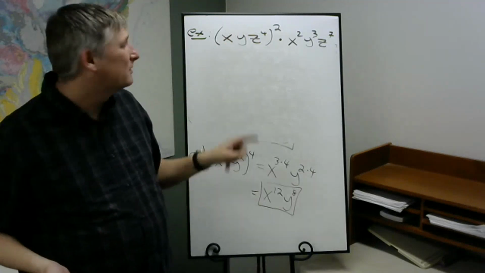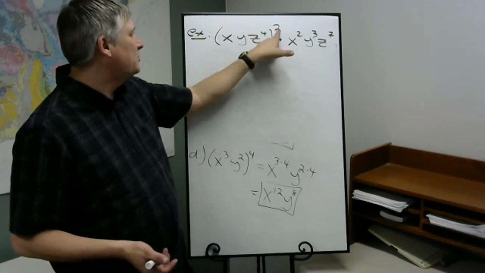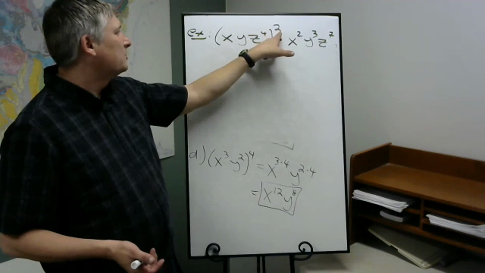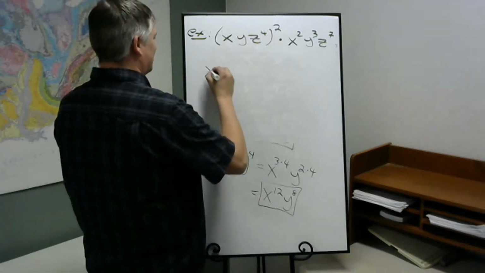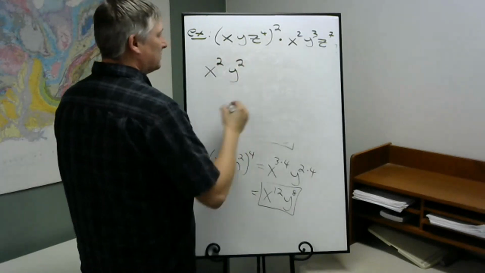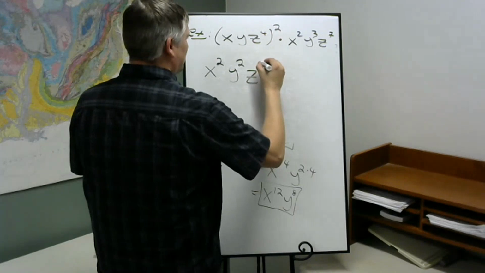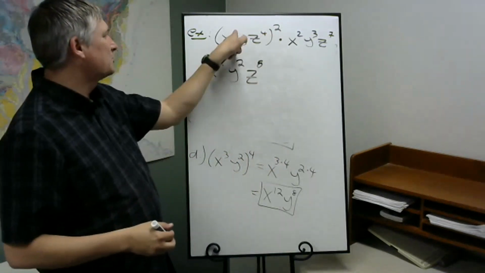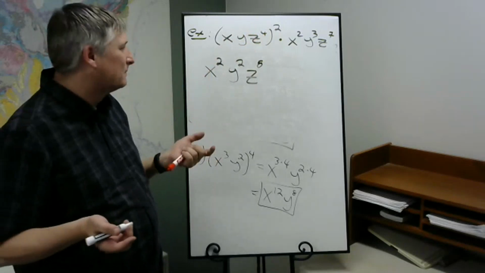Now, actually, this is x to the 1, this is y to the 1, and you're getting 2 times 1 is 2, 2 times 1 is 2, 2 times 4 is 8. Now, as a shortcut, we just say 2 gets distributed to the variables that don't have an exponent, but really they do.